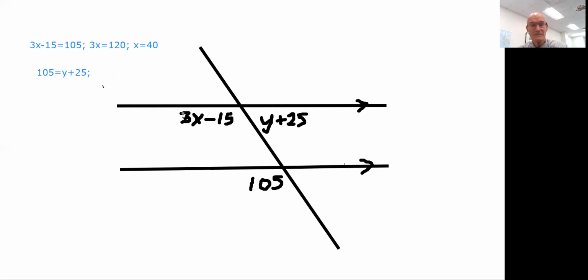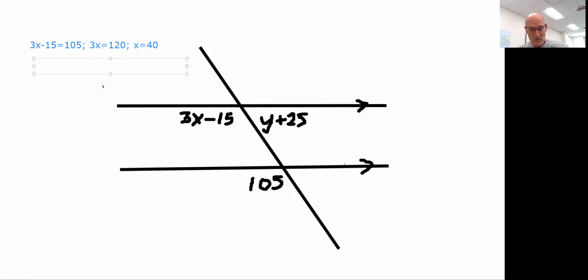Because 3x minus 15 is equal to 105, but these two angles right here are supplementary. They're not equal to each other.